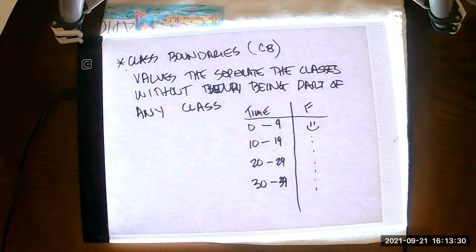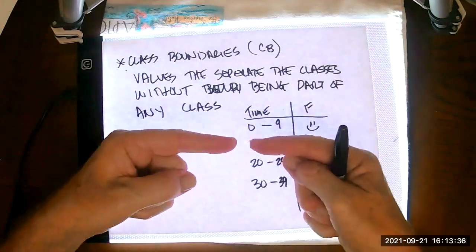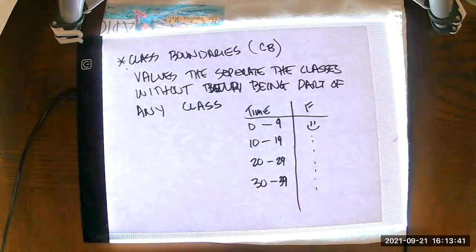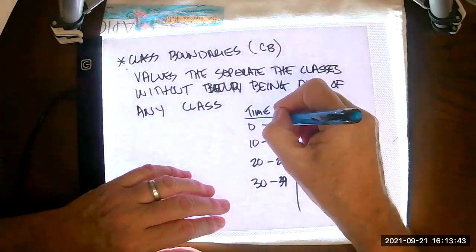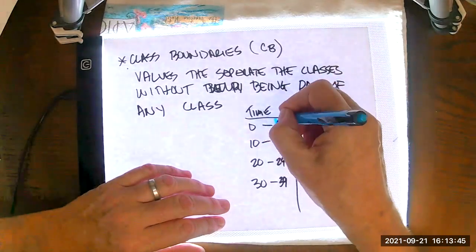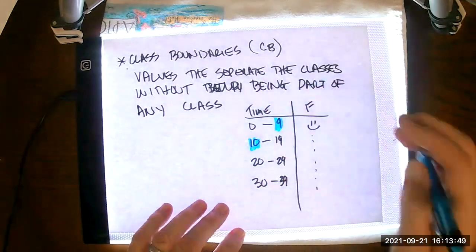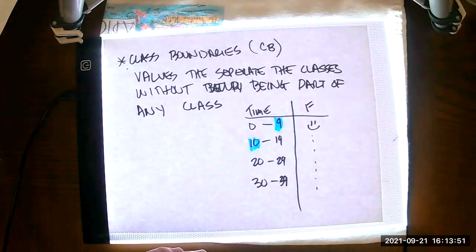One thing that I hope people have noted about the notion of class is that they don't butt up exactly against each other. One class ends before the next class begins. So the first class ends at 9, the second one begins at 10. There's a gap in between there, and that gap is quite specific.